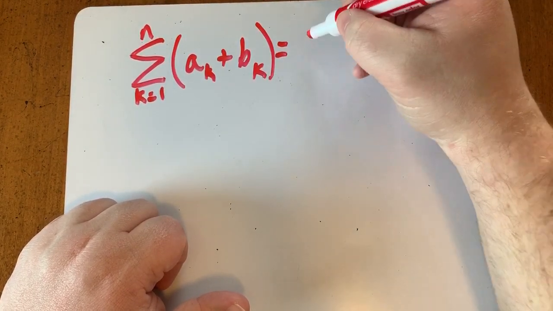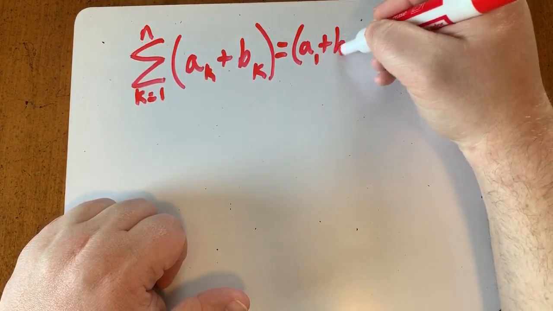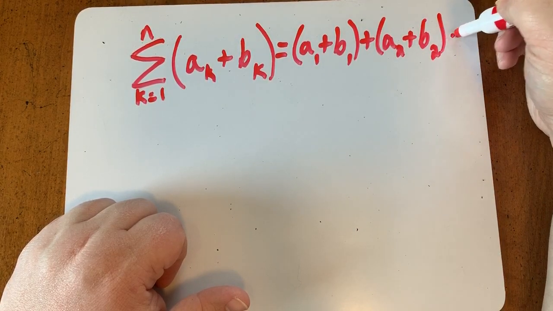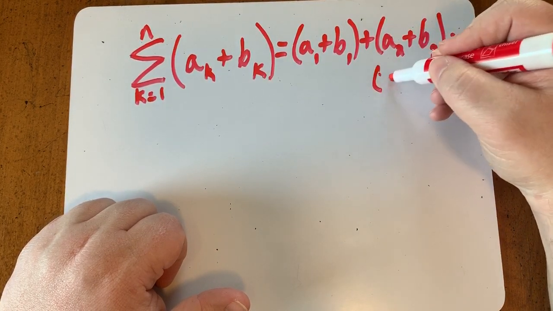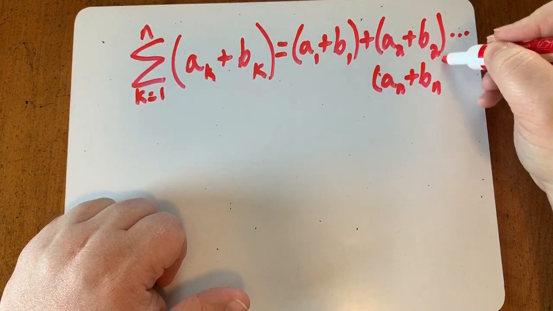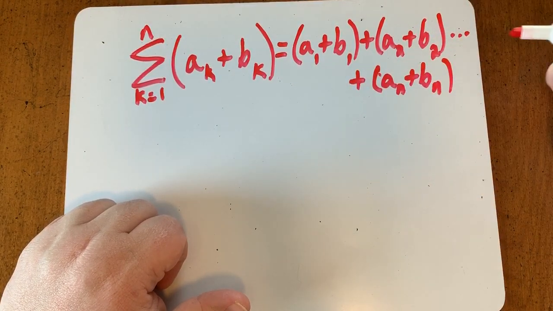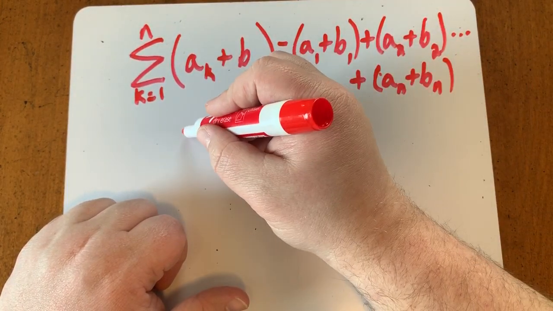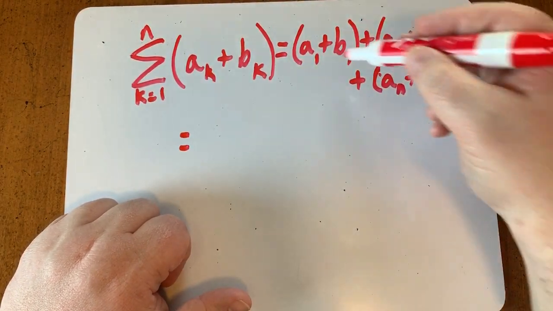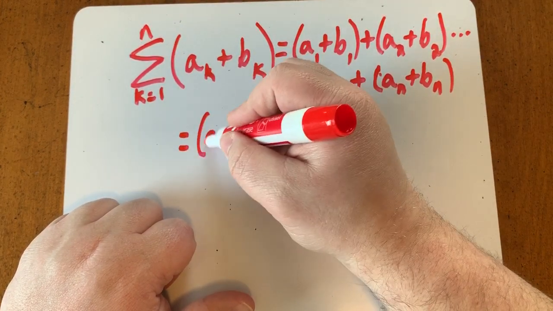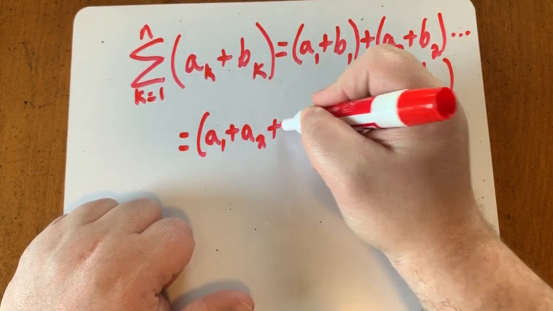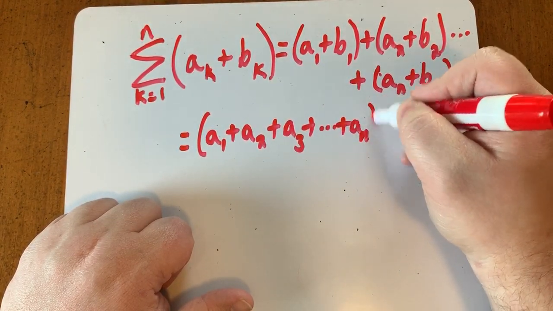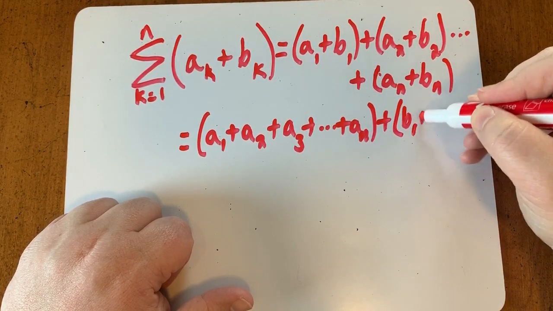Well, if you stretch that out, it will be A1 plus B1 plus A2 plus B2, all the way until An plus Bn. And this is all addition, so commutative and associative, we can reorder and regroup. So reorder so all the A's are together, and reorder so all the B's are together.